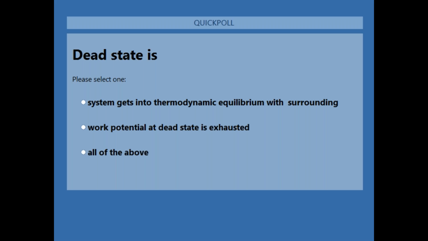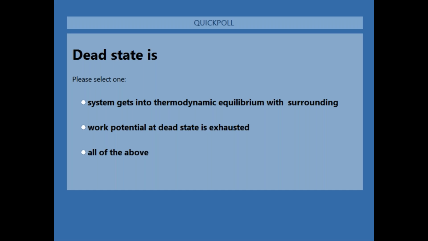We have been discussing the concept of dead state when we talked about exergy. Dead state means the system is in equilibrium with the surroundings. As you know, exergy or available energy is nothing but an estimation of the maximum work potential. To realize this maximum work potential, the system has to reach its minimum. And what is that lowest point?